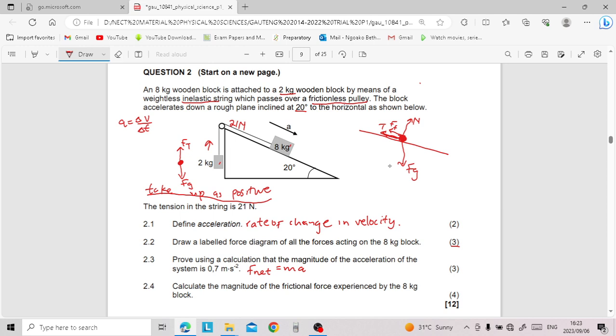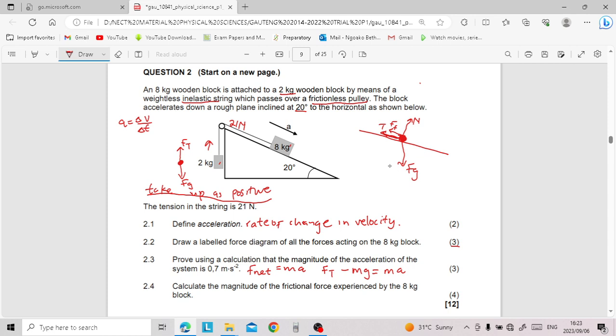So in F net we have F G downward, so it's going to be negative. So we say F tension minus mg, or the force due to gravity, equals ma.